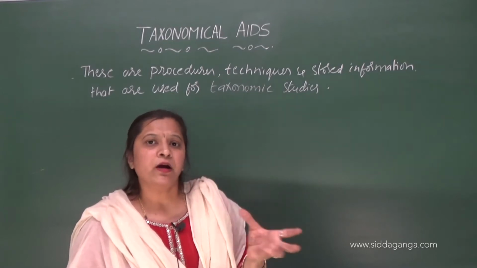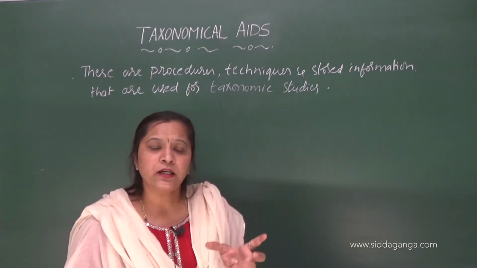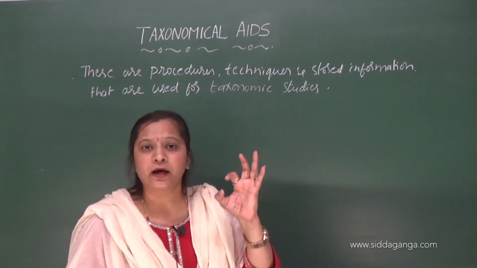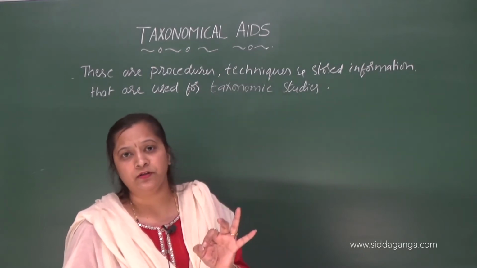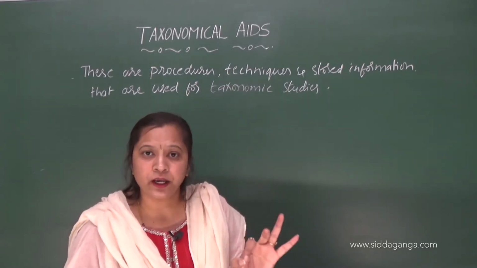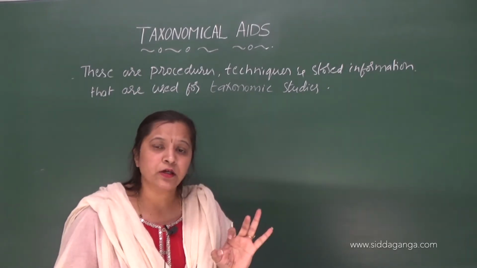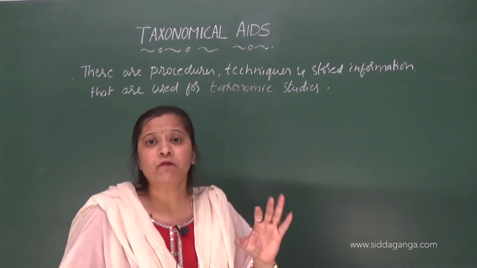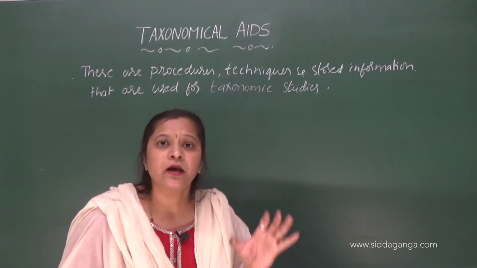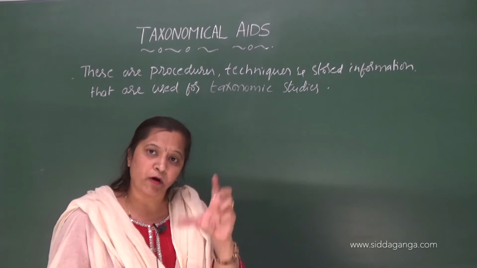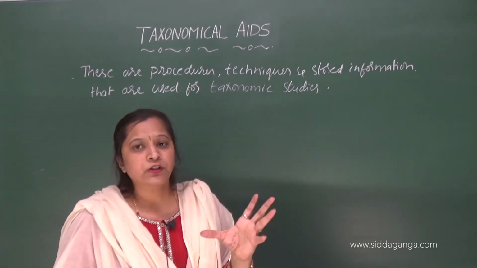As we are getting multiple benefits from these organisms, there is a need for accurate and correct identification of plants and animals, and along with identification, classification.